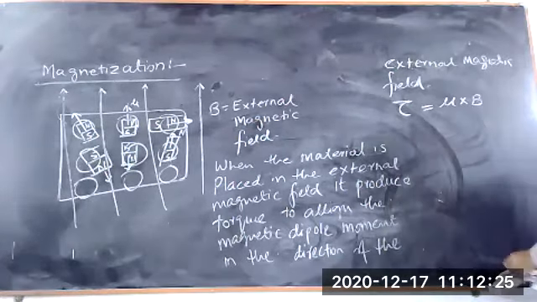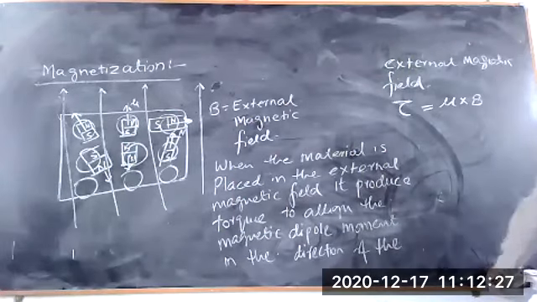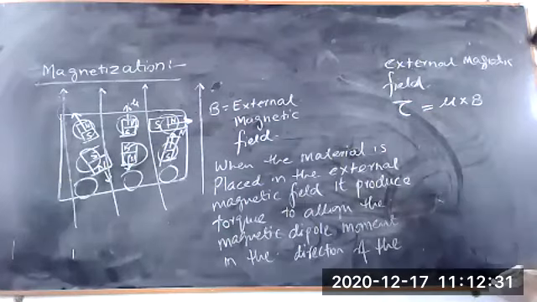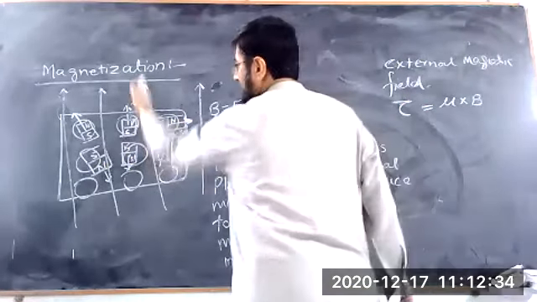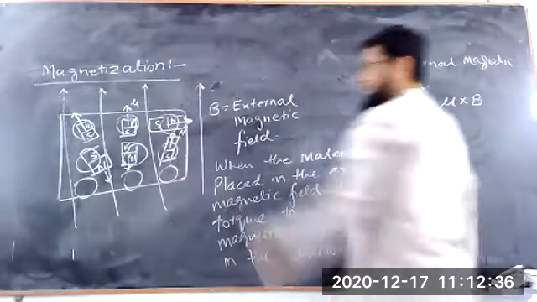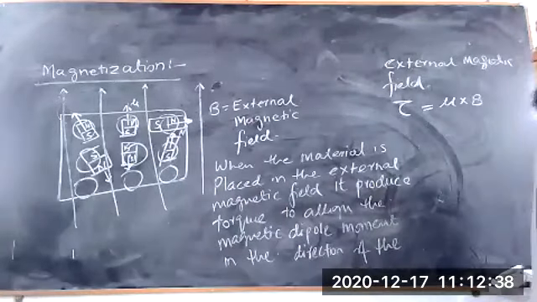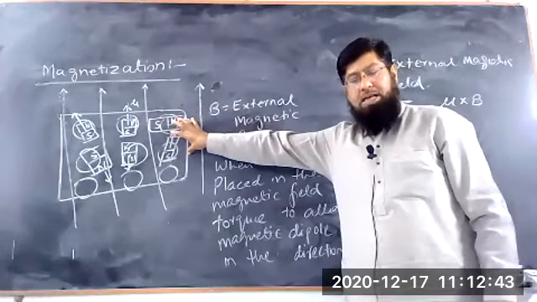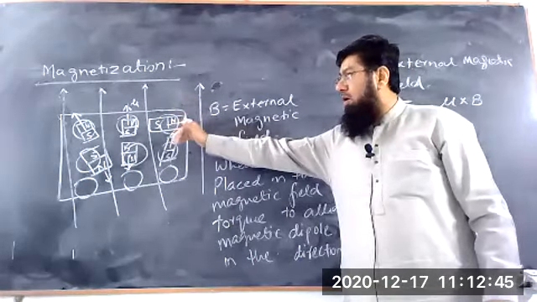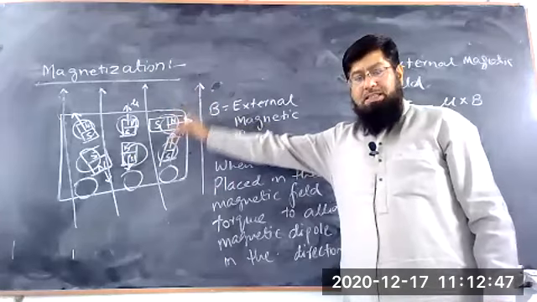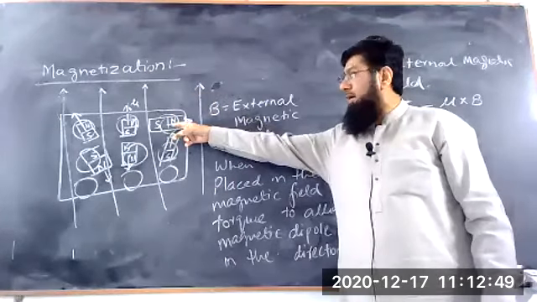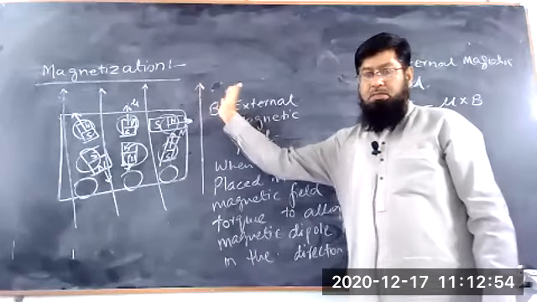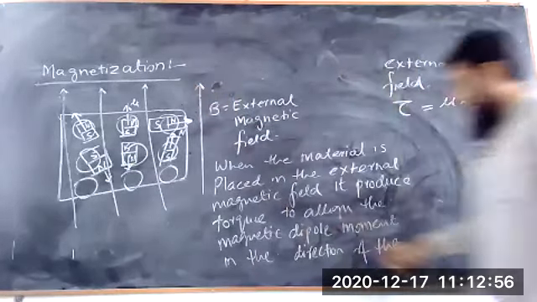As a resultant, the magnetic field is produced. These will align in the direction or opposite to the direction of the magnetic field. So we say that the material is magnetized. It means now almost all of the magnetic dipole moments are rotated.